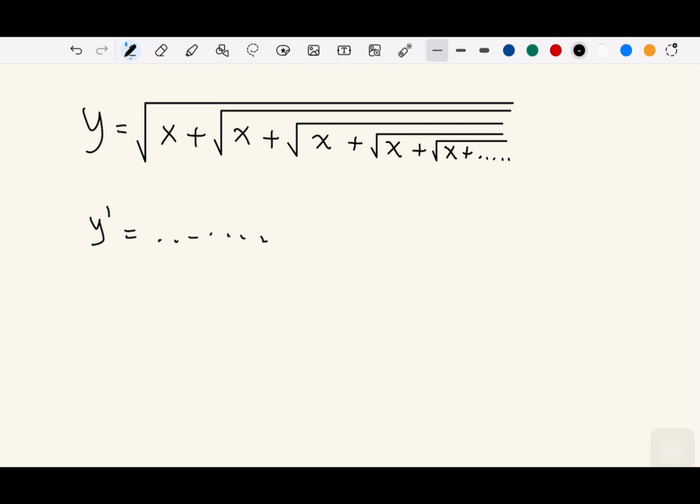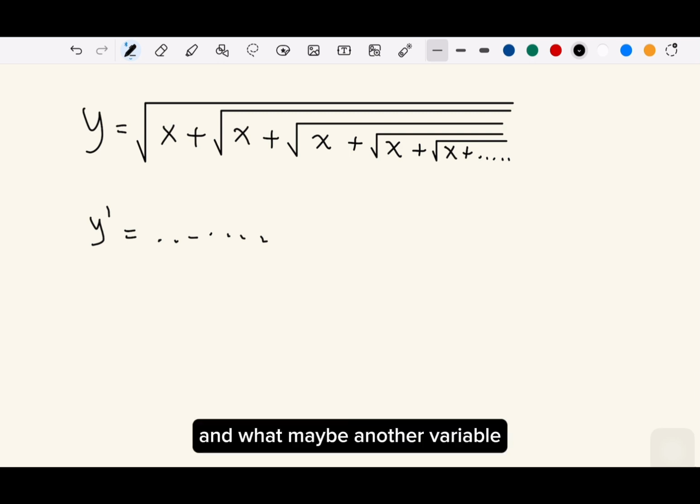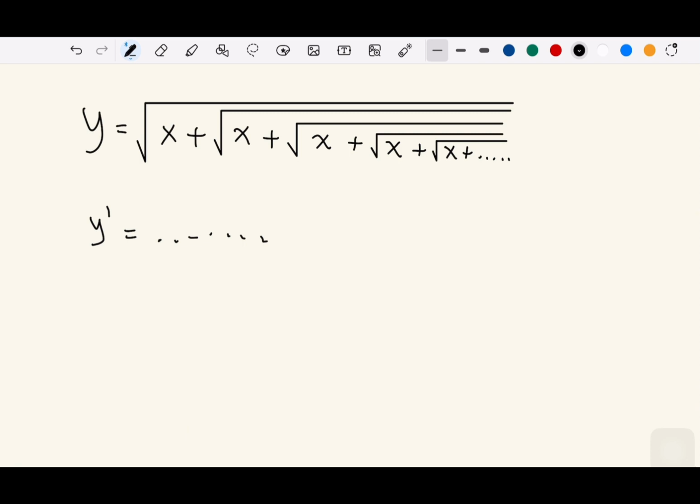Okay, but it is one of the options. What's constant? What and what? Because it keeps going. Yeah, let's keep going. Not a constant, but maybe another variable. You decide.